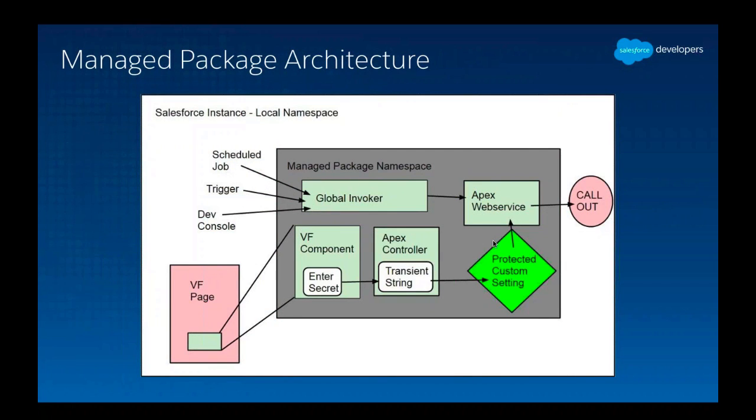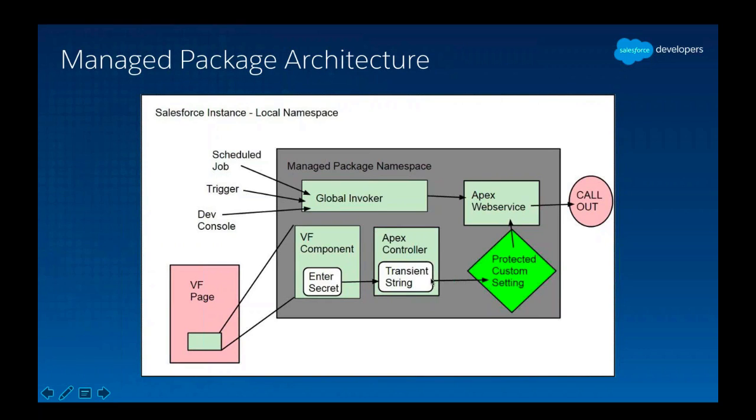So this is the same diagram with more details. As we have seen, we installed a managed package inside your org, and you are using the protected custom settings here. In order to set these settings or these secrets, you write an Apex controller inside the managed package, and you use the transient string for your variables to store the secrets.